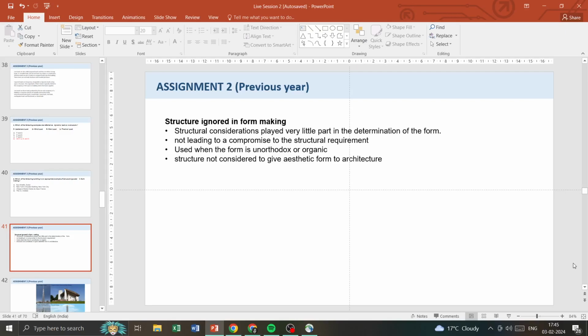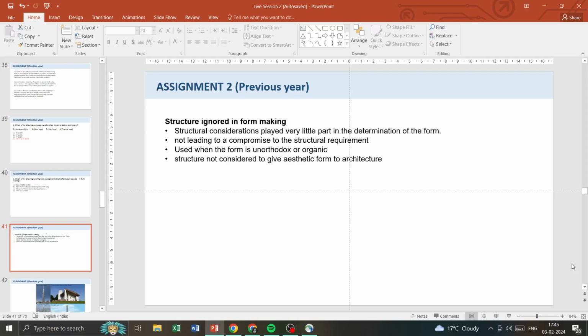Structure ignored in form making. Structural considerations played very little part in the determination of the form, without leading to a compromise in the structural requirement. The structural considerations may have been ignored in the determination of form, but that does not mean that it is structurally unstable.